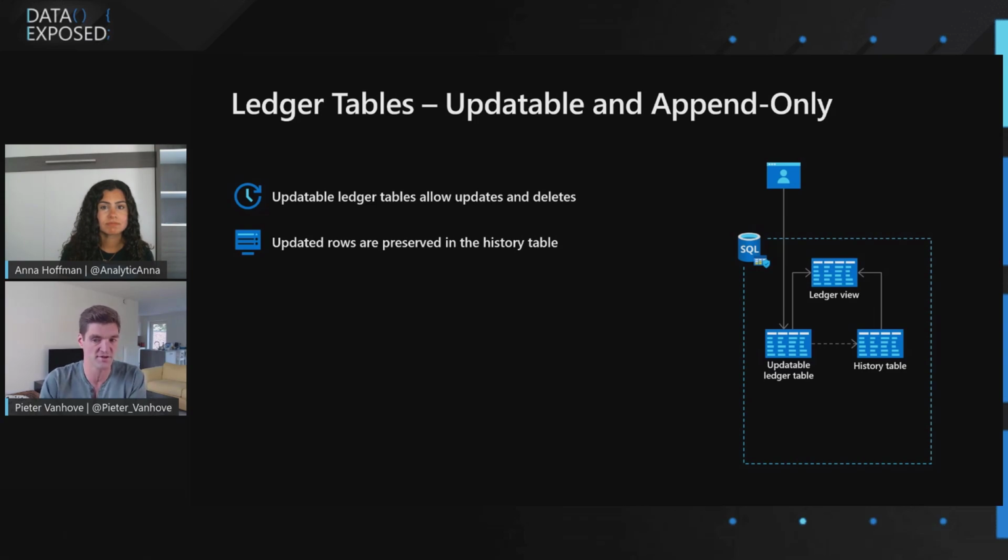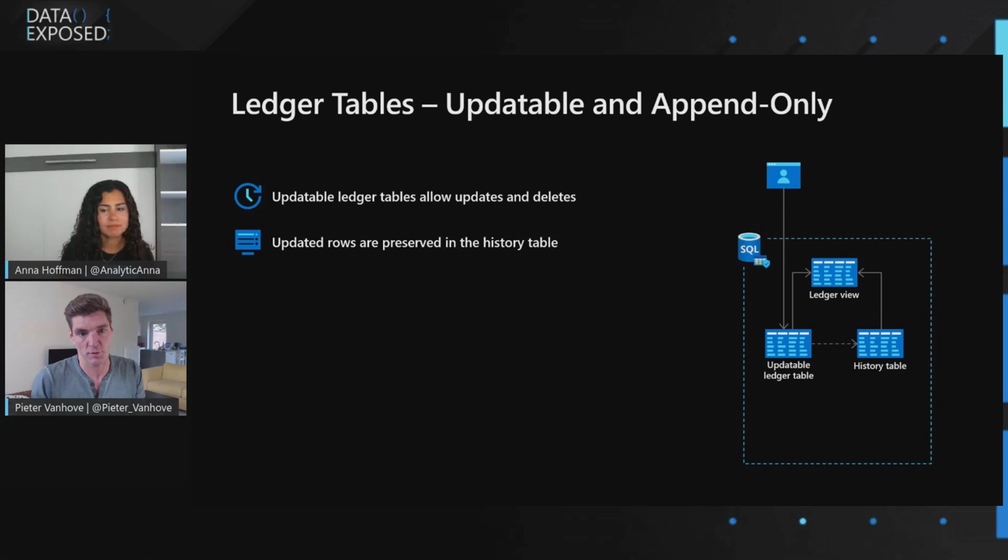So everything is stored in the history table. And then, of course, we're going to update that specific row in the ledger table as well. On top of that, you also get the ledger view, which gives you a chronological overview of the data that is inside your updatable ledger table. So we're just going to join the updatable ledger table and the history table.